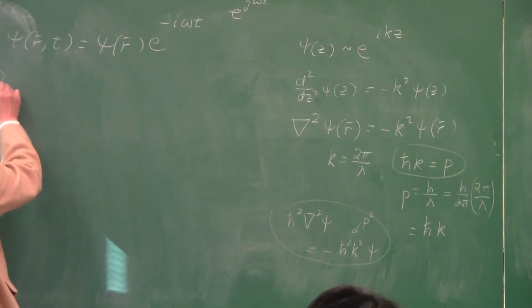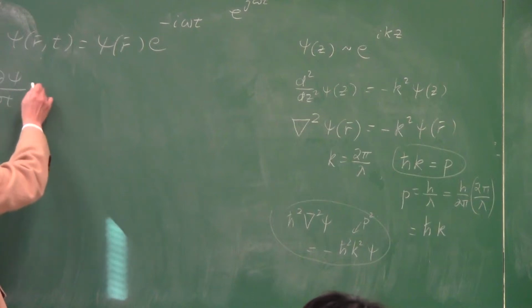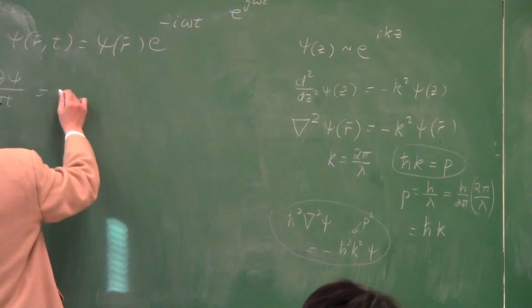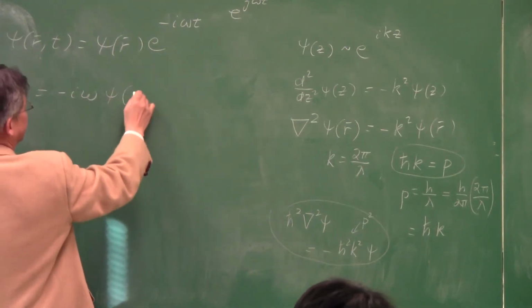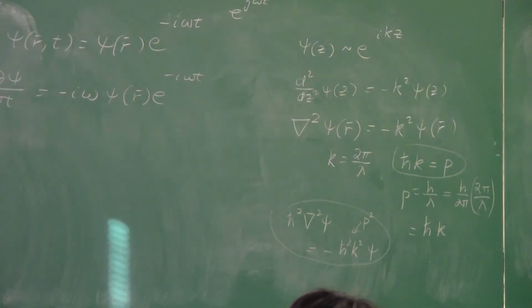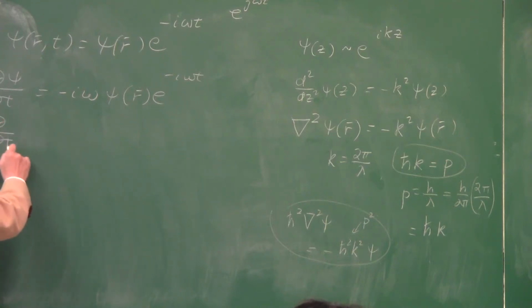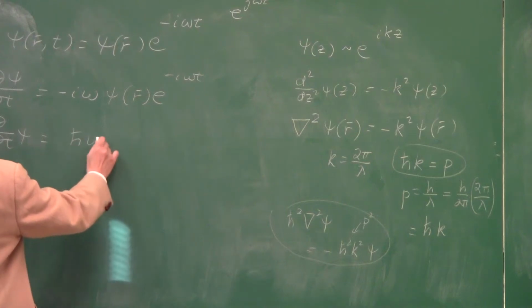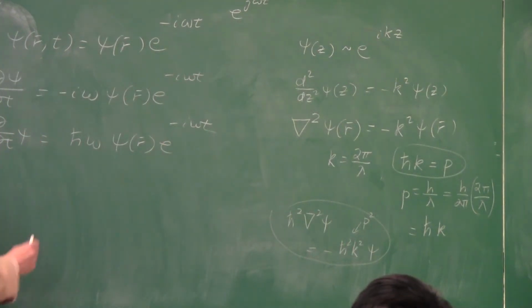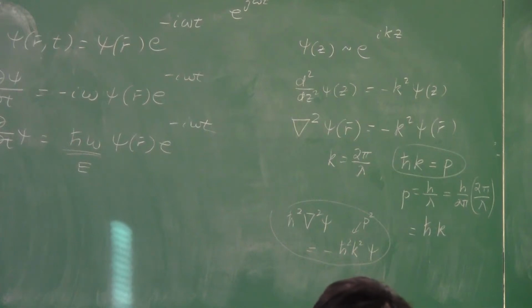So then, if you were to take the time variation of this function, then you get minus i omega psi of r e to the minus i omega t. And then if you were to further multiply this by i h bar, partial t psi, you get h bar omega psi of r e to the minus i omega t. H bar omega is something like energy, as we have learned from photons, the photoelectric effect, as well as Planck's radiation law.